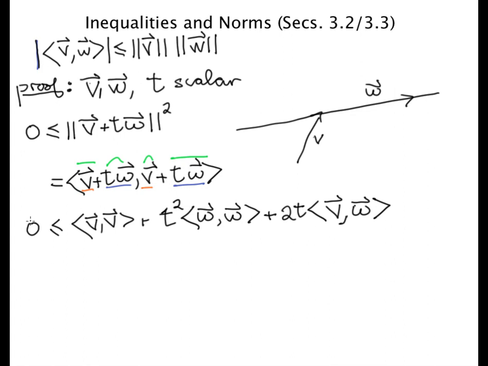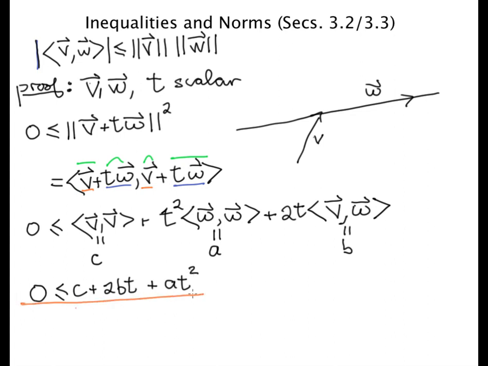Okay, so let's simplify this a little bit. Let's call this number A, and let's call this number B, and let's call this number C. So this says that 0 is less than or equal to C plus 2Bt plus A t squared.